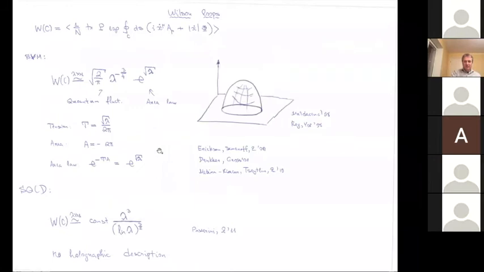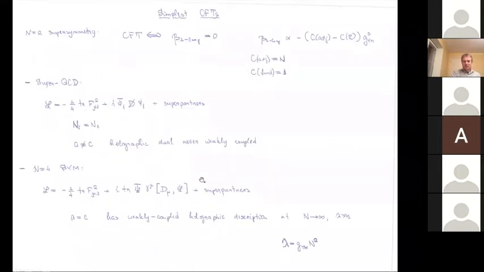A question? Yes. This about A not equal to C: when you say not weakly coupled, the string coupling is still small. Lambda controls, so it's not clear that lambda controls string tension, or what is the weakly coupled? You mean Newton's constant?